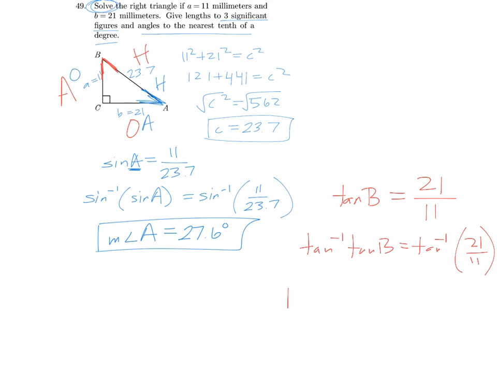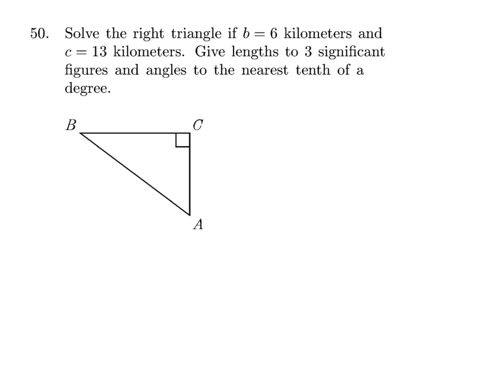So I have measurement of angle B is equal to 62.4 degrees. All right, I figured out all the missing parts. I have solved the triangle. Done.